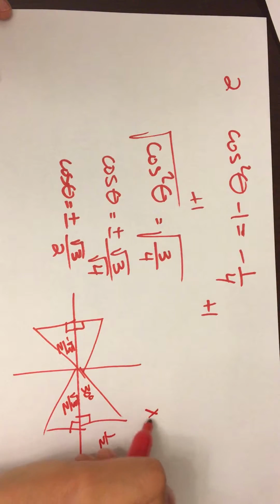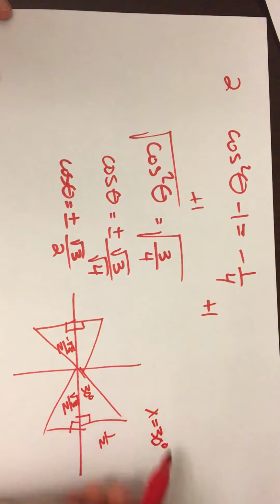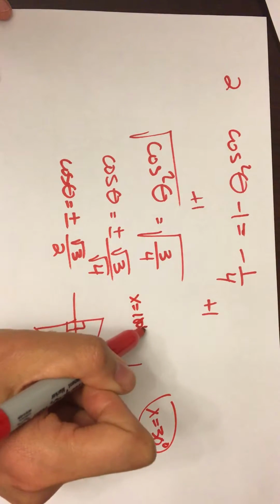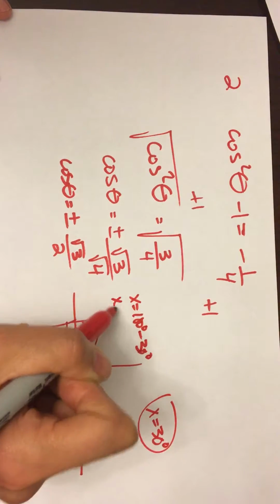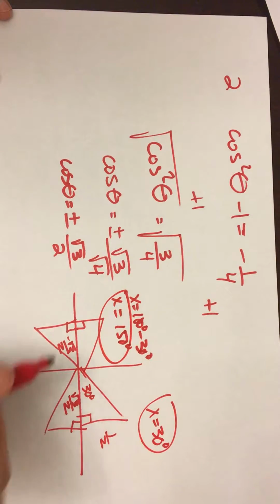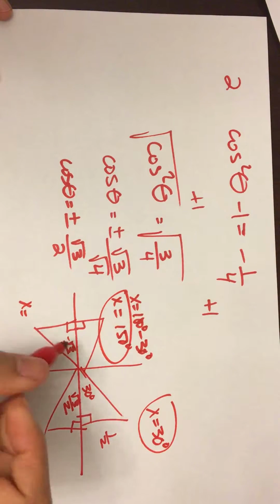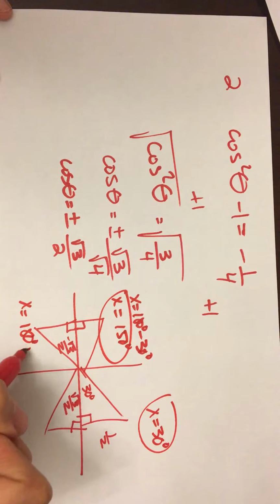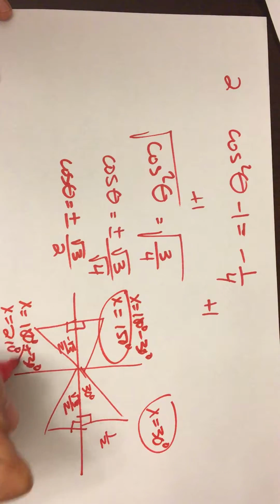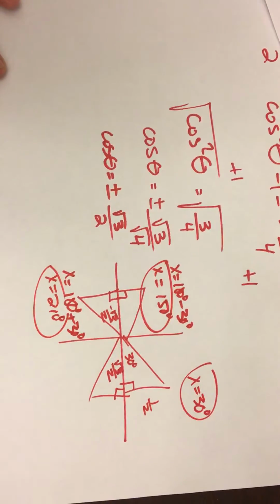So in the first quadrant, our solution is going to be the reference angle. In the second quadrant, we're going to take 180 minus 30, and that's going to give us 150 degrees. In the third quadrant, you're going to take 180 degrees plus 30 degrees, and that's going to give us a solution of 210 degrees.